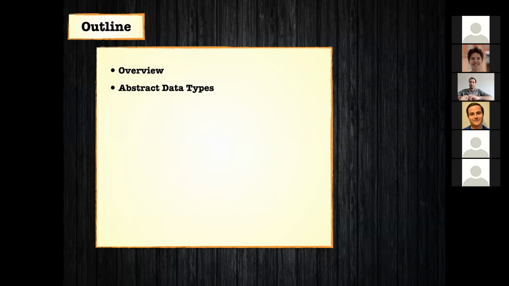It is not the subject of the course. I will just give you a hint of the main ideas and the flavor of abstract data types and how they can be used to formalize data structures. This will be done in a very lightweight manner, so you don't need any formal knowledge of language theory or abstract data types for this.